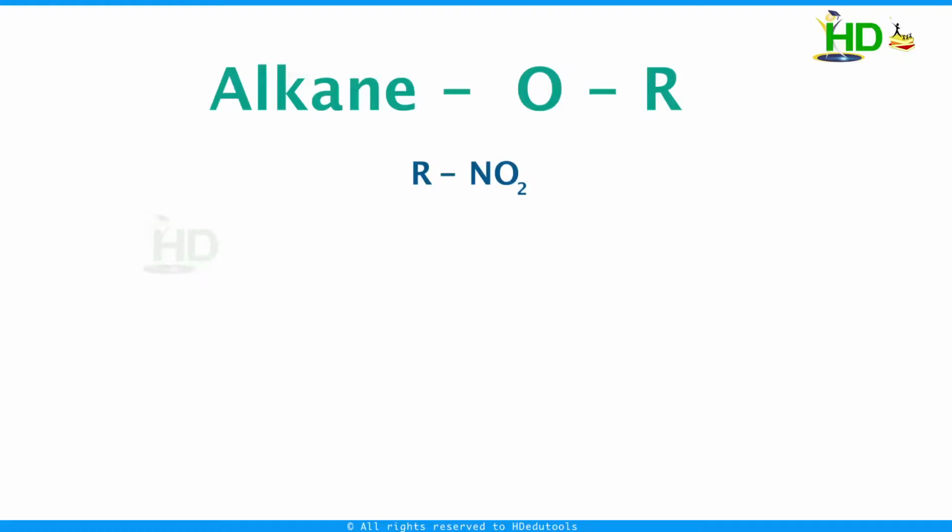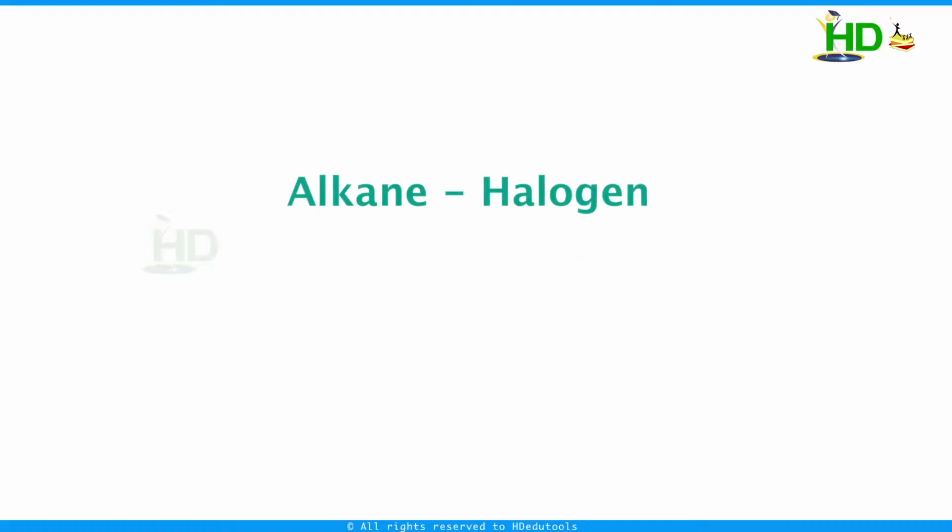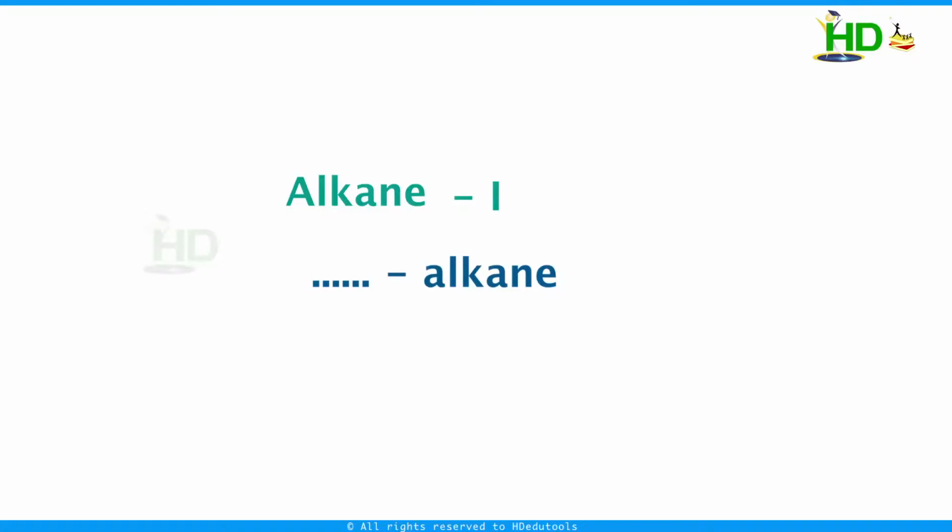The general IUPAC name related to this is nitroalkane. In this case, this term is a prefix. Similarly, if an alkyl is attached to a halogen like fluorine, chlorine, bromine or iodine, here also a prefix is used. It is named as haloalkane.